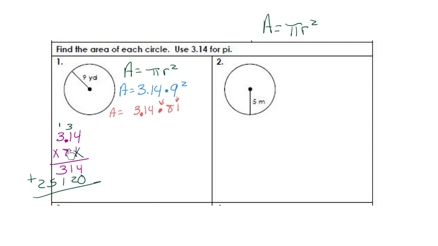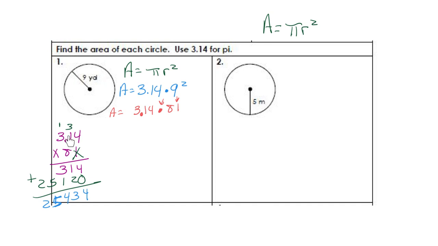If you struggle with times 8s, write it off to the side, okay? Go ahead and just roll the numbers off to the side, and that'll help you do this a little bit quicker. So we're going to add these up, and 4 plus 0 is 4. 1 plus 2 gives me 3. 3 plus 1 gives me 4, and 25. Now I'm almost done, but I have to look at my problem and see how many digits behind a decimal I have.